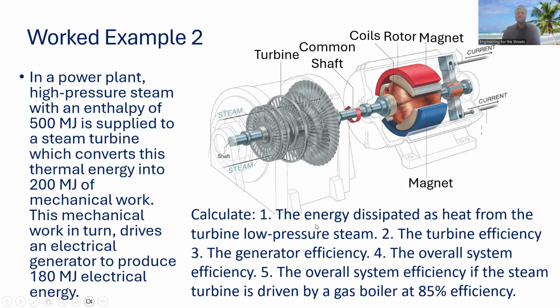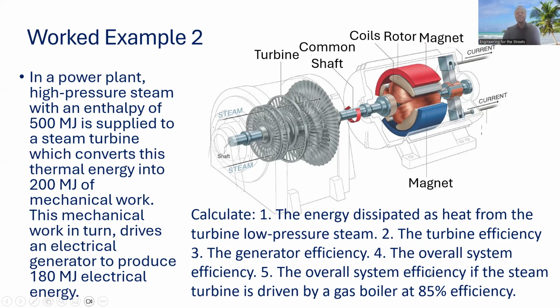That is the exhaust steam after doing work. Two, the turbine efficiency, which is the ratio of the mechanical output to the input heat. Three, the generator efficiency, which is the ratio of the electrical energy generated by the generator to the input mechanical work. Or four, the overall system efficiency.